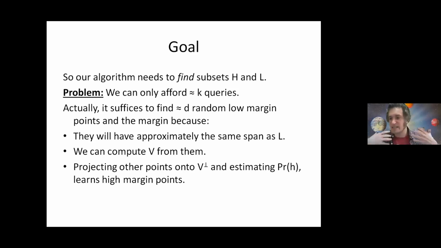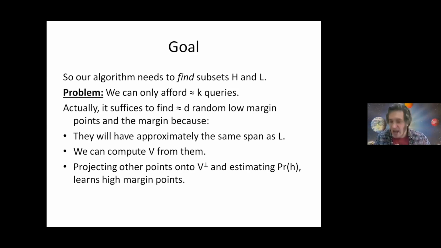Actually, it suffices to find only approximately d many random low margin points. This is because you can show that if you have approximately d many random low margin points, they will have approximately the same span as the set of all the low margin points. From that set of points, you can compute v, just as you would before.